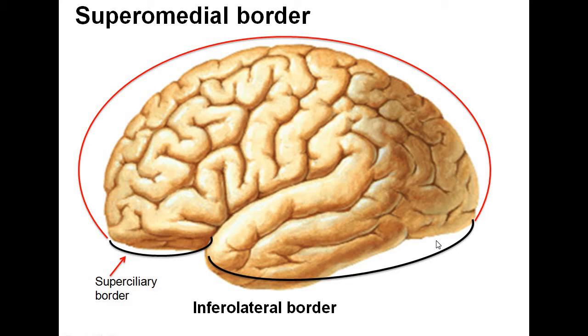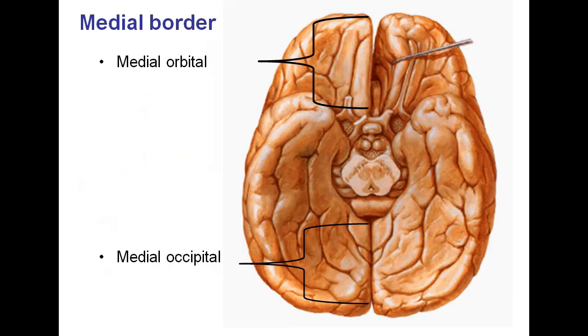Number 3, the medial orbital border, and the medial occipital border. So the medial borders have two subdivisions: the medial orbital border and the medial occipital border.